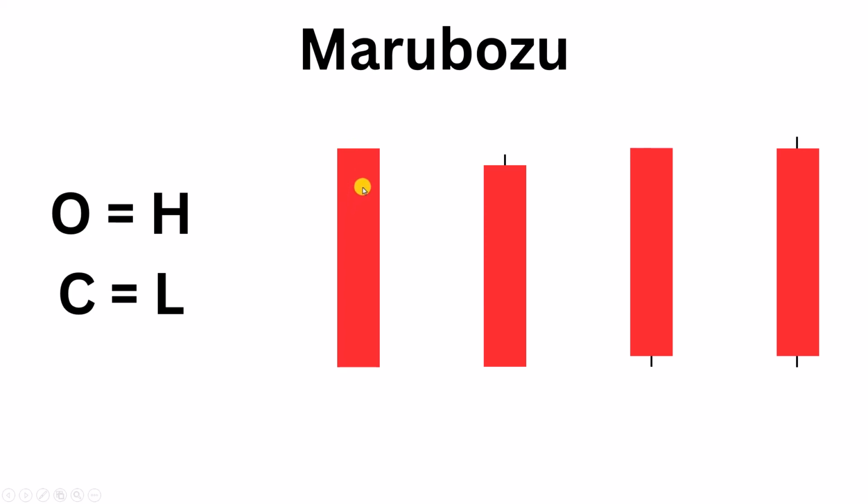Maybe the buyers tried to move it up, but they failed because once again sellers came strong and pushed the price down, down, down, down, and when the market closed, it closed here. The buyers were not able to push the price above the opening price, and they were not able to take it down and move it up too. So we have no wicks on either side. This is a clear indication that the sellers were strongest in the time frame considered.